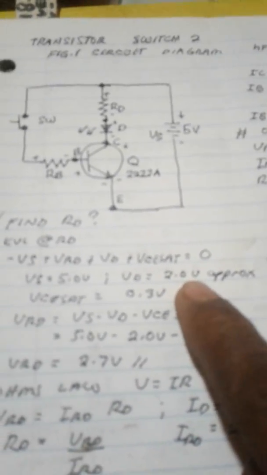The 2N222A transistor. So we calculated here the voltage. Saturation is 0.3 volts from the data sheet. Supply is 5 volts. The voltage of the diode is 2 volts in the data sheet of the LED.